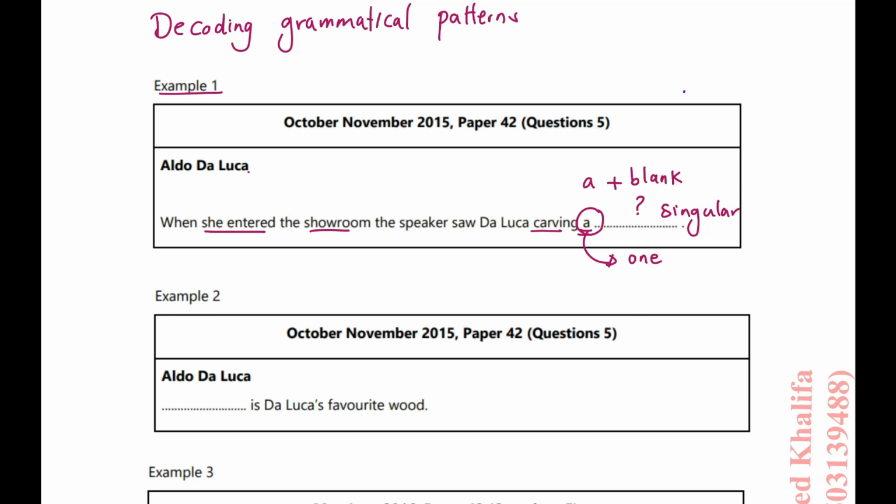The answer also has to be a noun. Or it could be an adjective plus a noun. You agree with me? These are the possibilities. And if you're doing it this way, you are successfully decoding the grammatical patterns of the question. Okay?